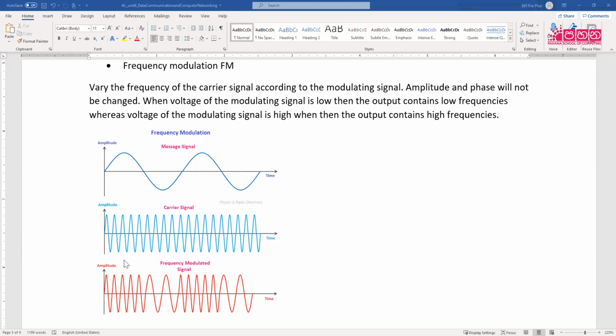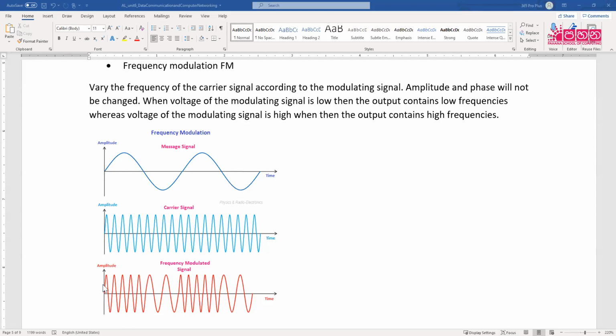So what you can notice is when the signal value is high, it's high frequency. When the signal value is low, then it's low frequency, right? Again, when it's high, you have high frequency, and when it's low, you have low frequency.